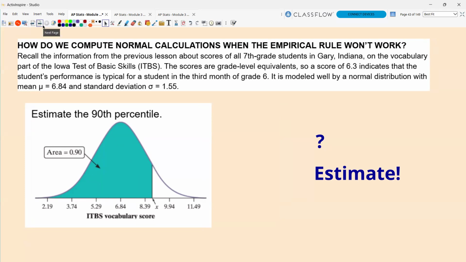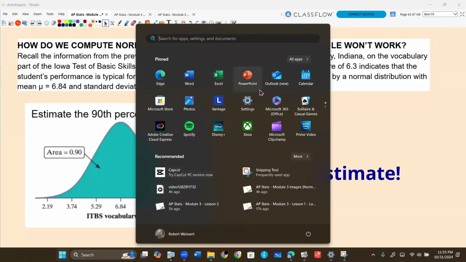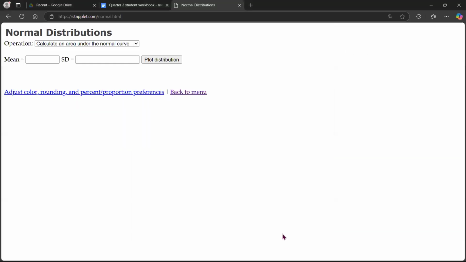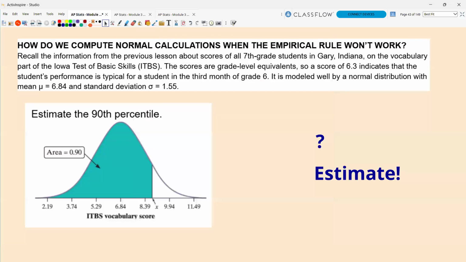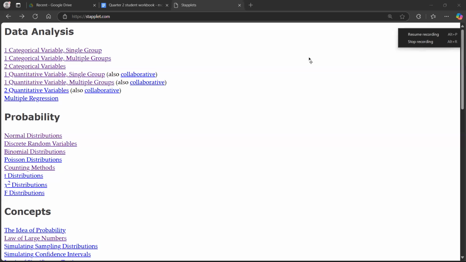So we can check this using technology. We'll check this on Stapplet.com.